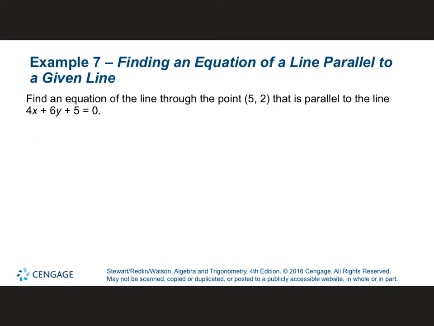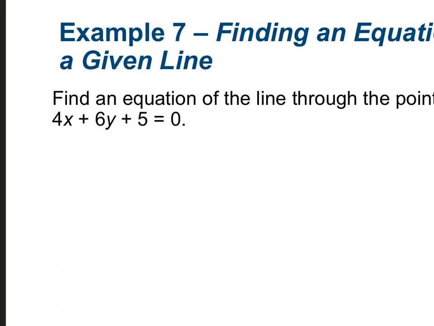So when we look at our next example, we're finding an equation of a line through the point 5,2 that is parallel to the line 4x plus 6y plus 5 is equal to 0. This is giving the equation to us in standard form. When we give the equation of the parallel line, we're also going to put that equation in standard form. We're going to start by finding our slope. The easiest way that I find is to rearrange this formula into slope-intercept form.